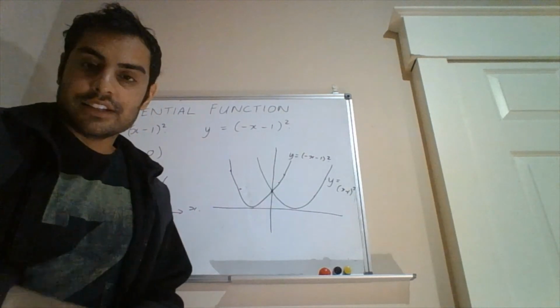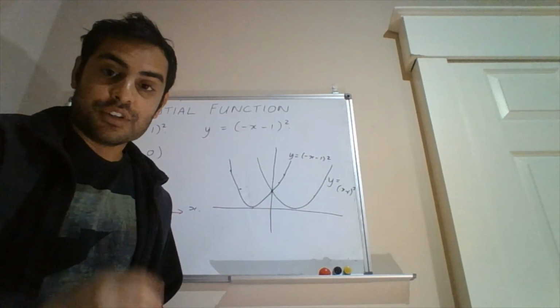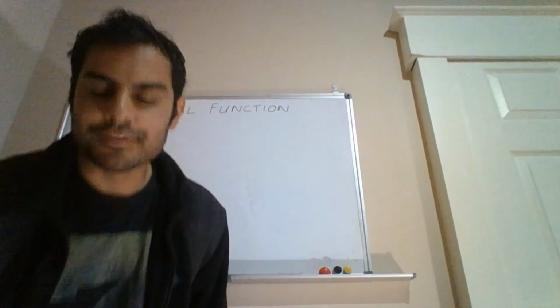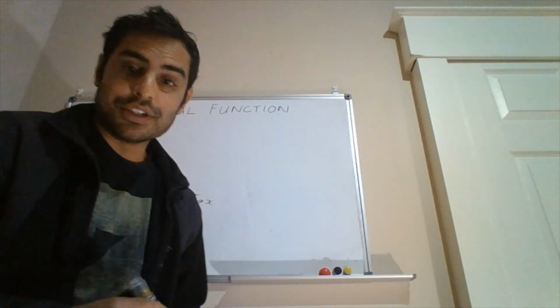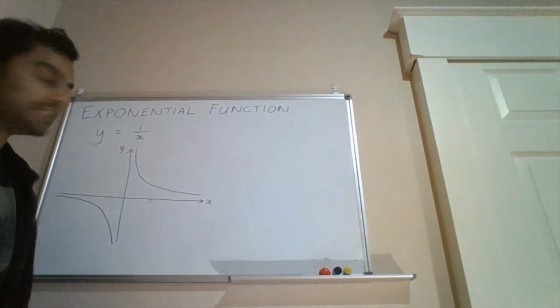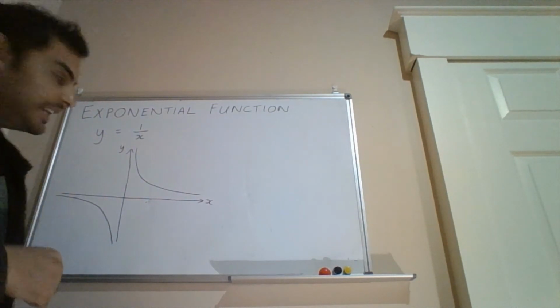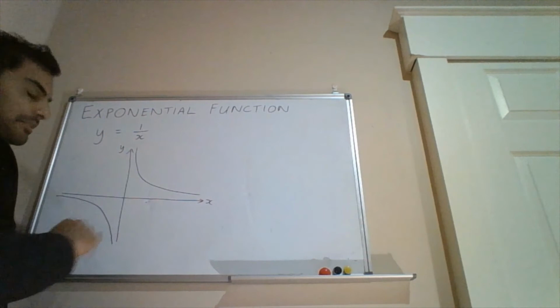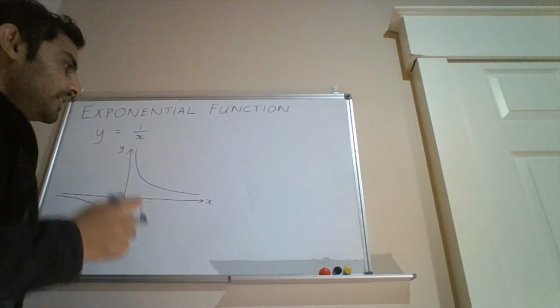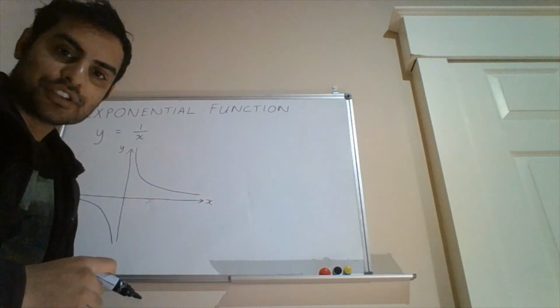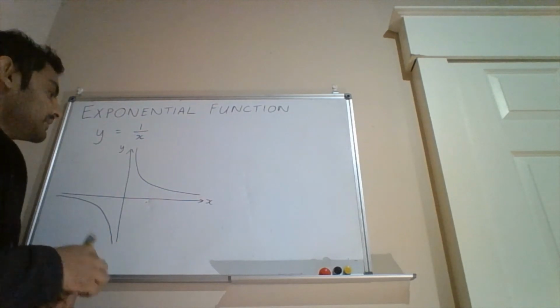Okay, lastly, let's look at some reflections for the hyperbola. So once again, we're going to start off with our standard equation. For the hyperbola, this is y equals 1 over x, and the graph looks something like this. So firstly, we're going to look at a reflection about the y-axis.